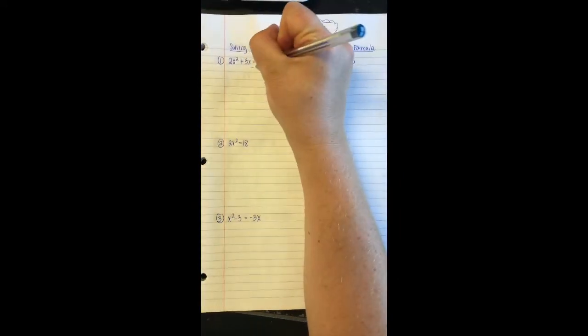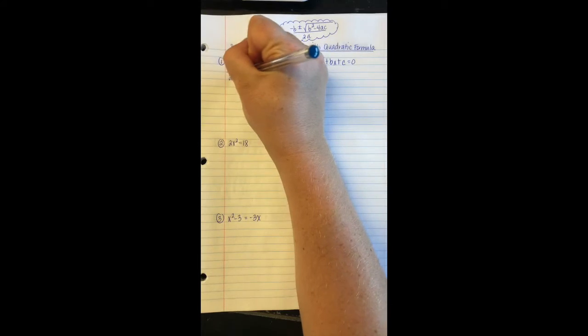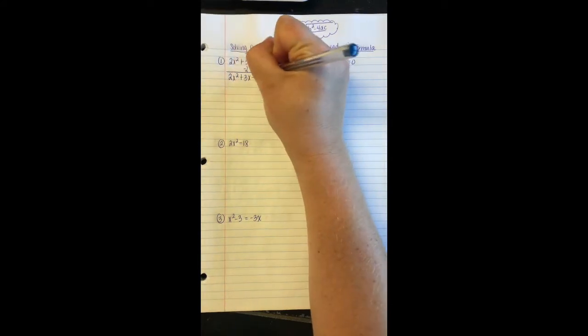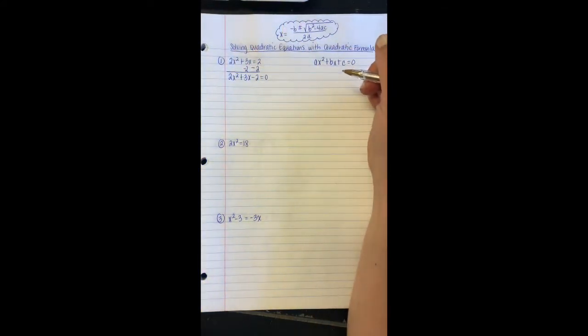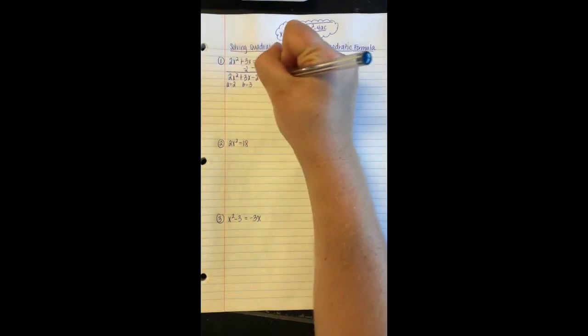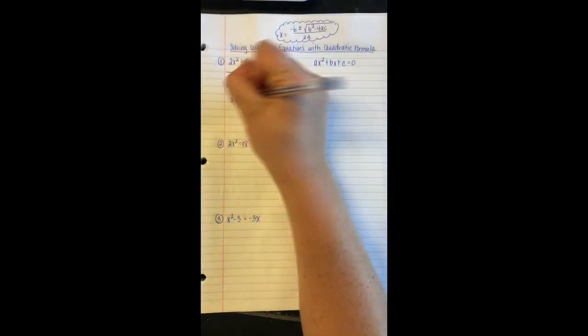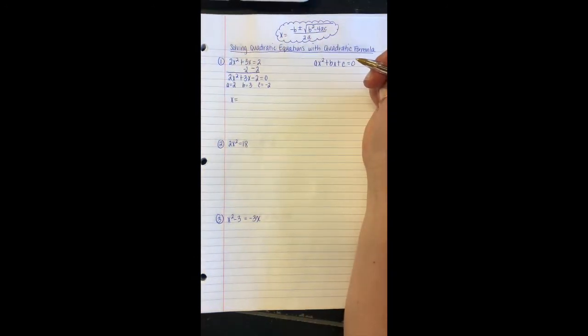So if you take a look at number 1, I'm going to minus 2 from both sides to get everything on one side. I have 2x squared plus 3x minus 2 equals 0. Okay, so this tells me that a equals 2, b equals 3, and c equals -2. So I'm going to start plugging these in, and you have to be super careful with your signs.